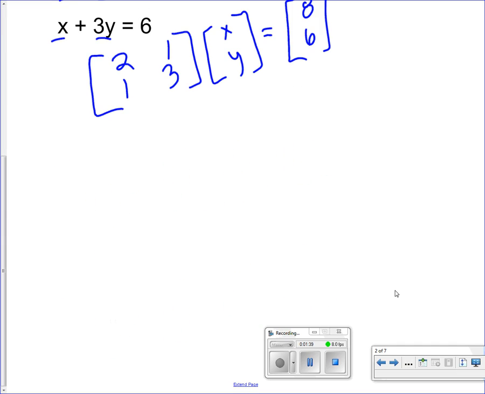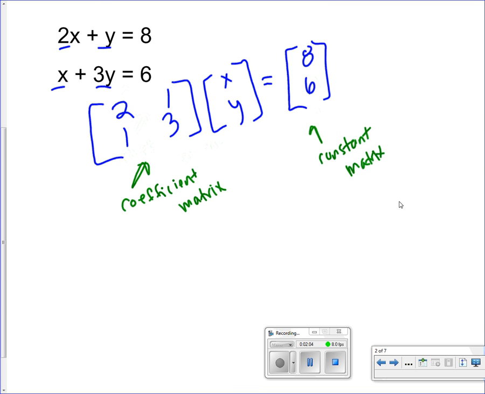We have our coefficient matrix, and our constant matrix. This is going to be a lot easier to solve if we use something that's called an augmented matrix. An augmented matrix is one matrix that's stretched out.